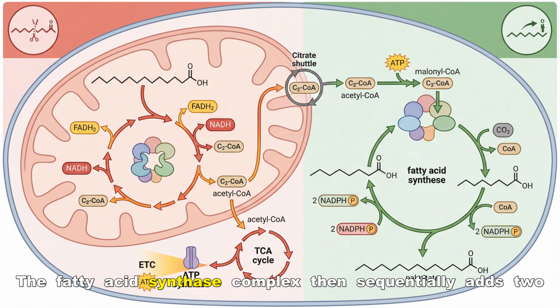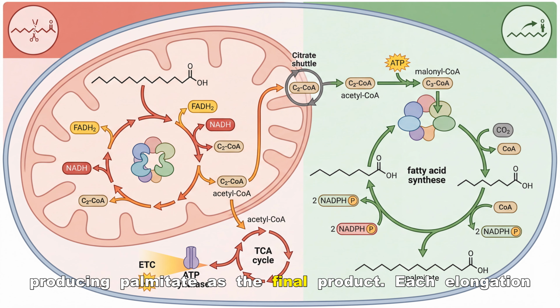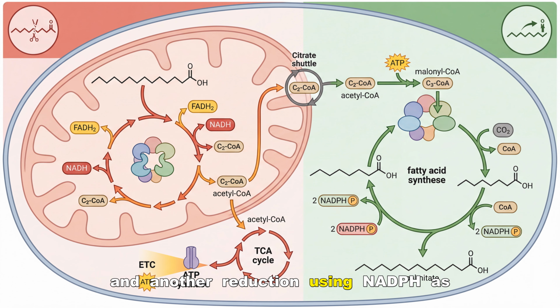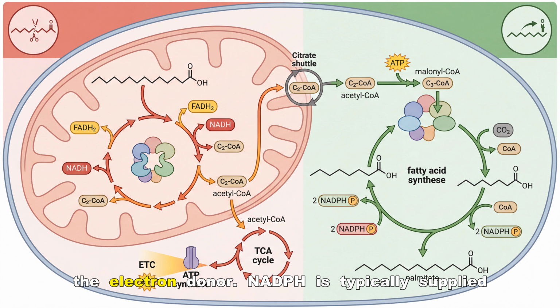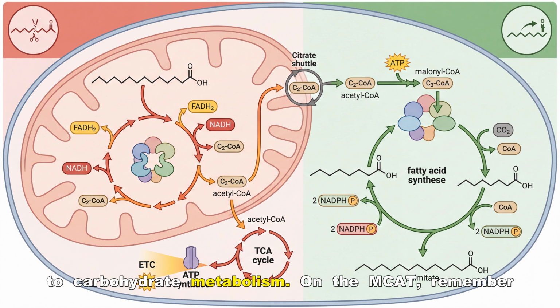The fatty acid synthase complex then sequentially adds 2 carbon units from malonyl-CoA to a growing chain, producing palmitate as the final product. Each elongation cycle involves condensation, reduction, dehydration, and another reduction, using NADPH as the electron donor. NADPH is typically supplied by the pentose phosphate pathway, linking fatty acid synthesis to carbohydrate metabolism.